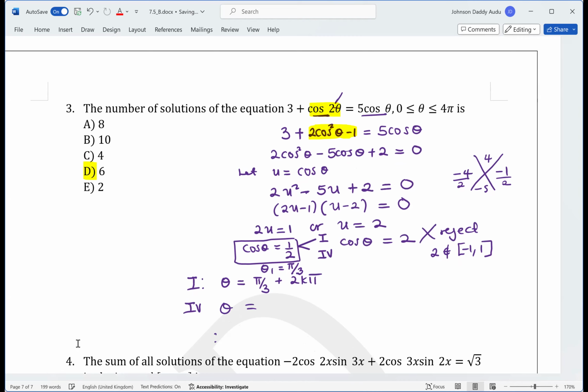It's going to be 2 pi minus pi over 3, right? So it's 5 pi over 3. And now we can add 2k pi as well. So this is what we can get from this.